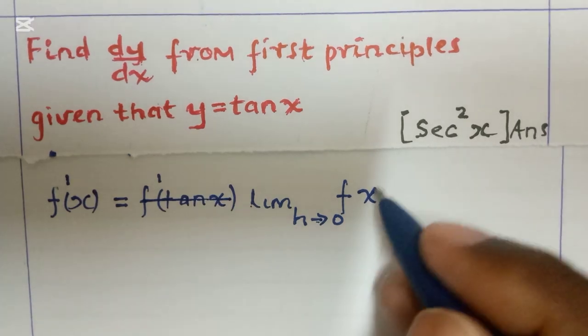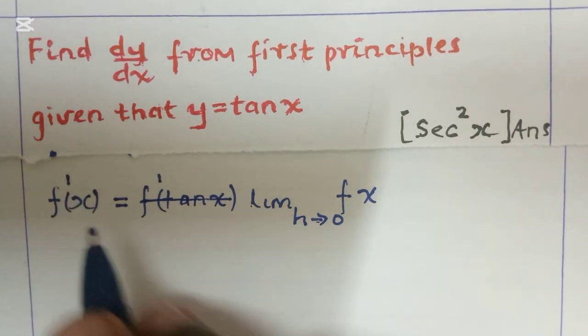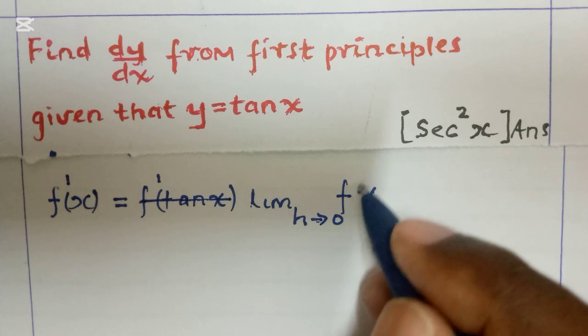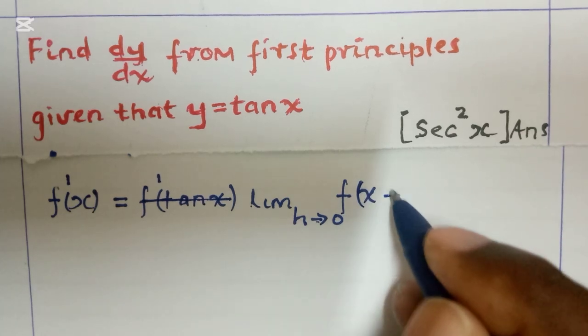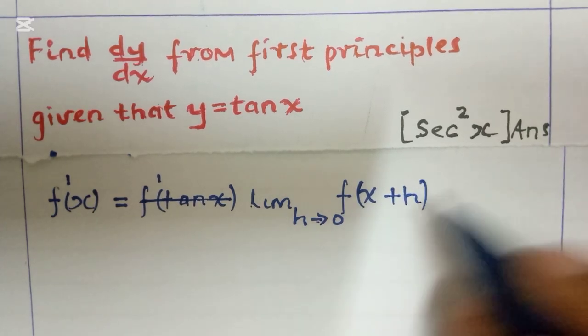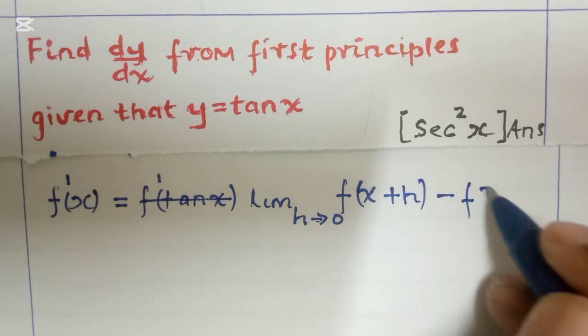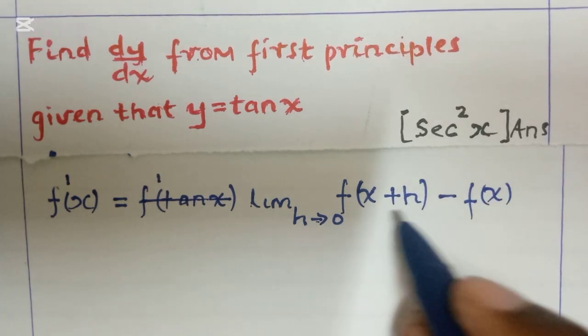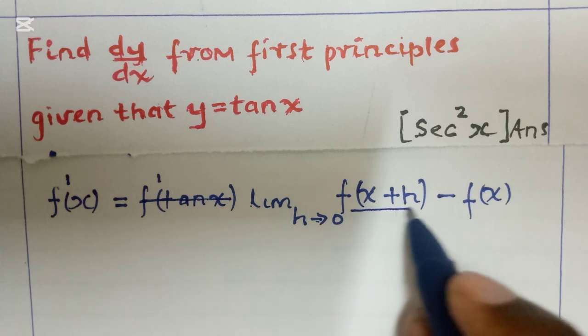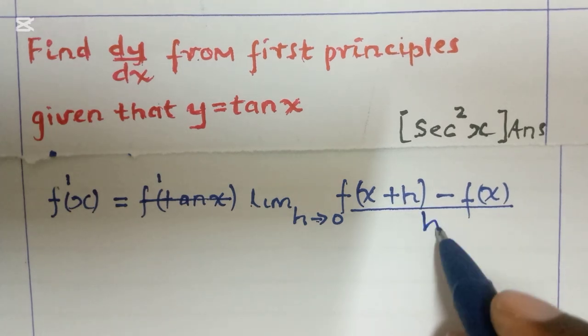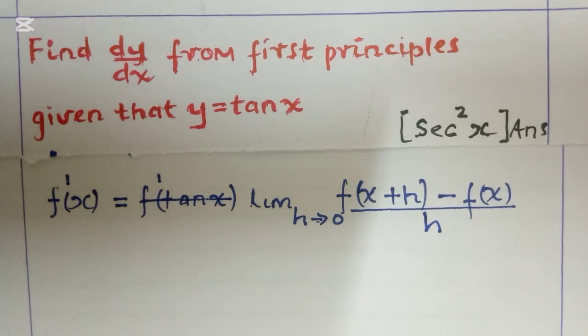Now this is the general solution, that is f prime x. We usually have f(x plus h) minus f(x) all over h. So that is the general solution guys.